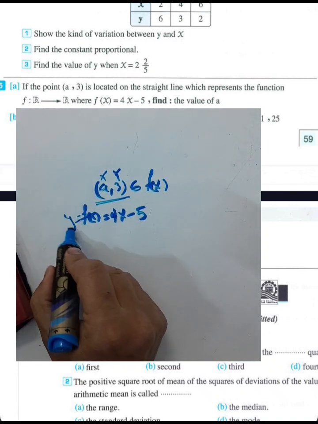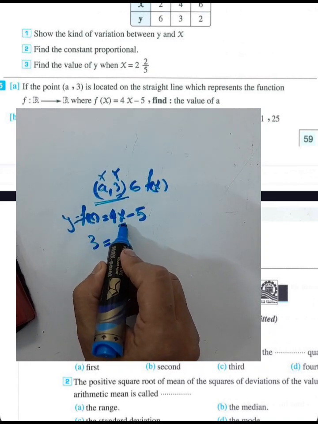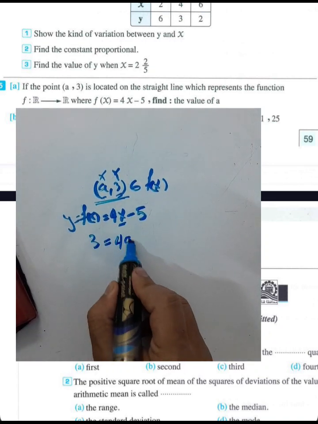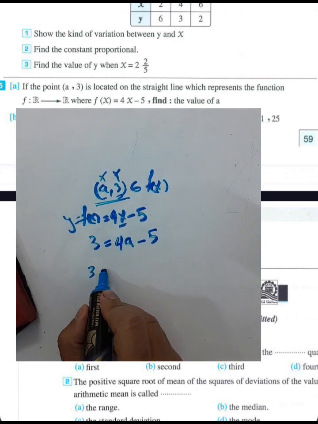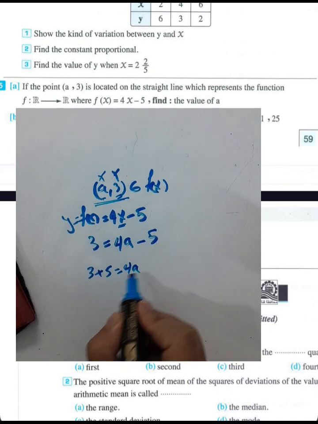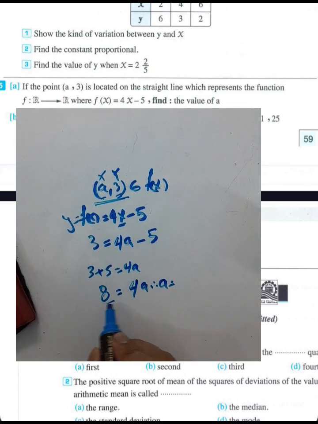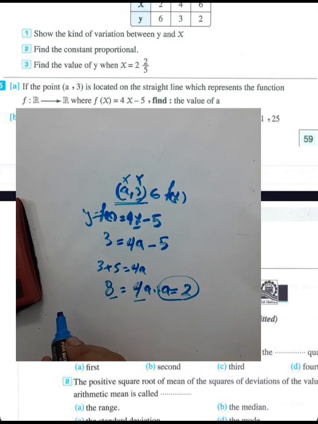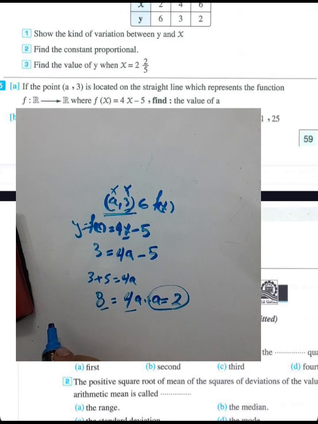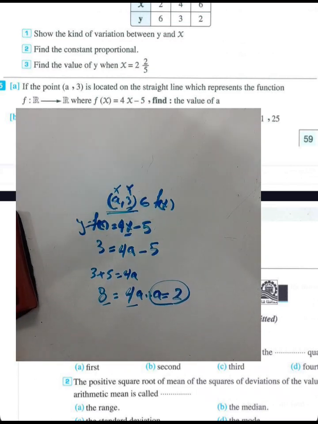F of x means y, then 3 will be equal to 4 times the value of x, minus 5. We can move negative 5 to the left-hand side: 3 plus 5 equals 4a, then 8 equals 4a, then a will be 8 divided by 4 equals 2. Then a here equals 2.